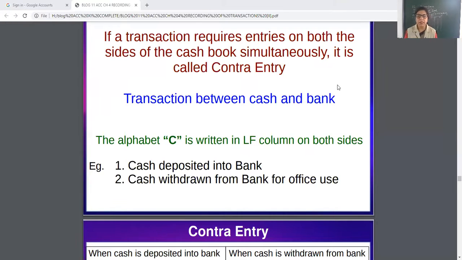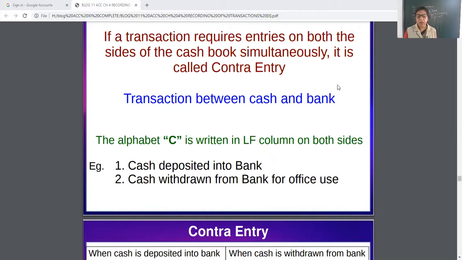If the transaction is entered at both sides of the cash book, it is called contra entry. The transaction is held between 2 accounts, cash and bank, and the alphabet C is written in the LF column on both the sides, when cash is deposited into bank, or when cash is withdrawn from bank for office use.